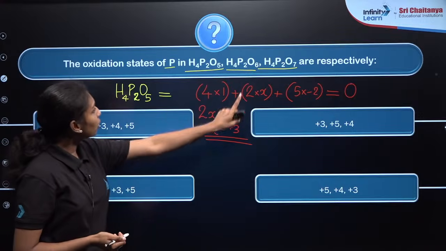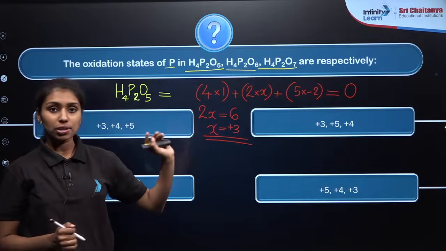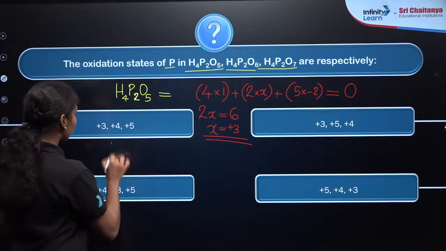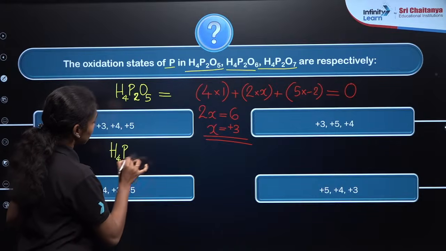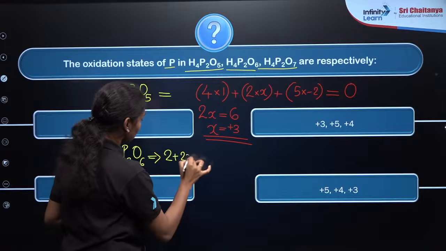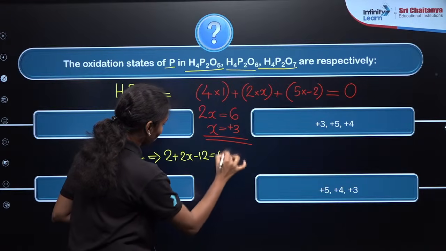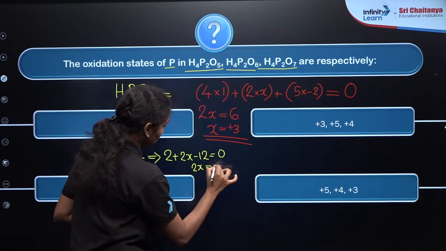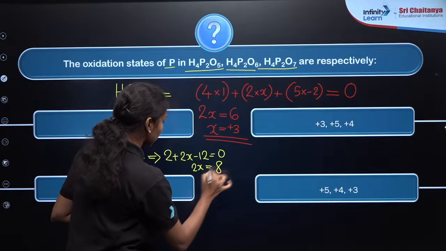Now you can find the oxidation state of phosphorus in H4P2O6 using the same method. It will be 4 plus 2x minus 12 equals 0, so 2x is equal to 8, or x is equal to +4.